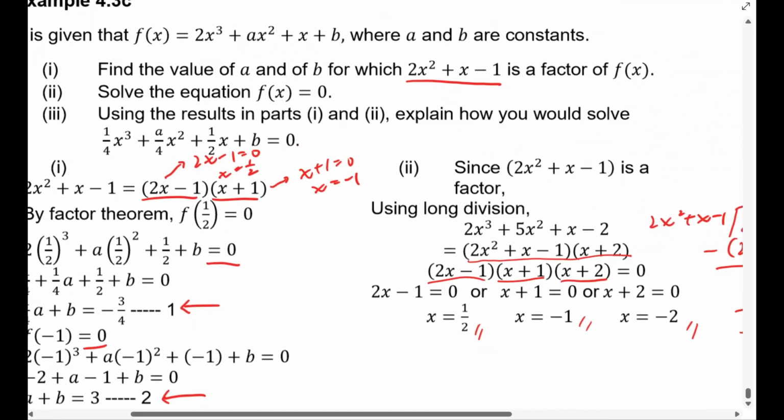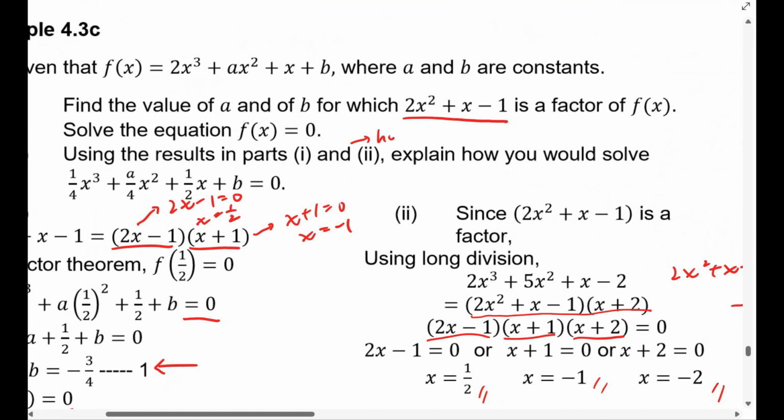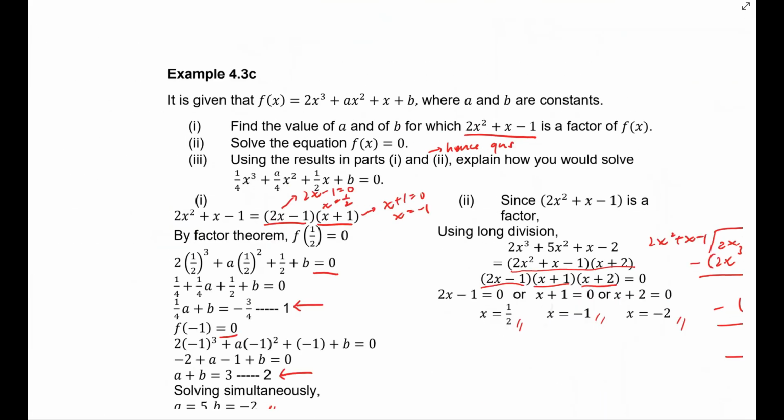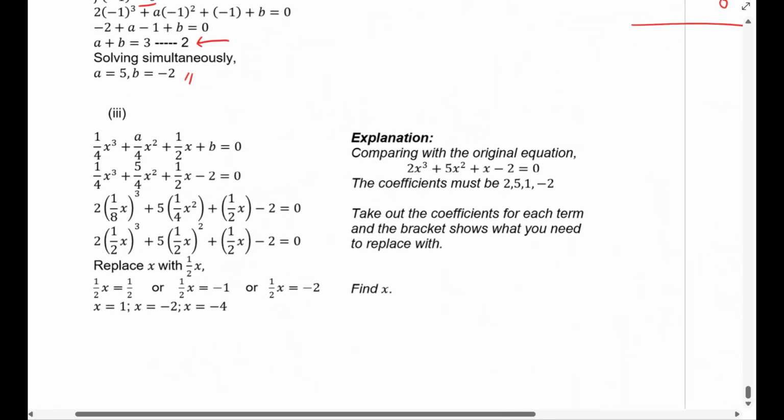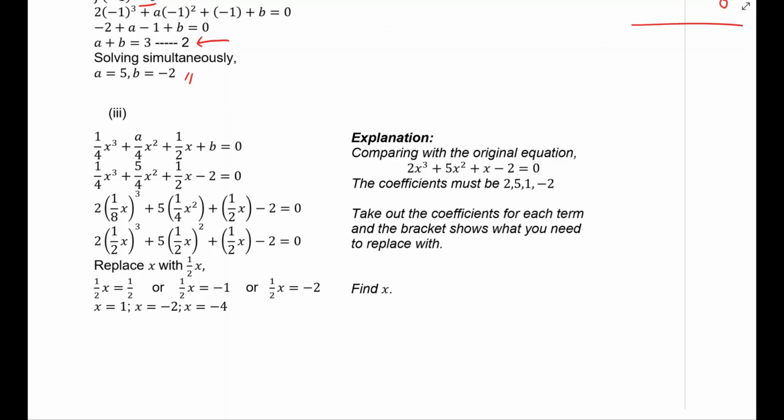Now part 3. This is what we call the hence questions that we just went through the concept of. What we have to first think about is that when we get an unknown equation, we'll try to compare it with the original equation and then form back the original coefficients.